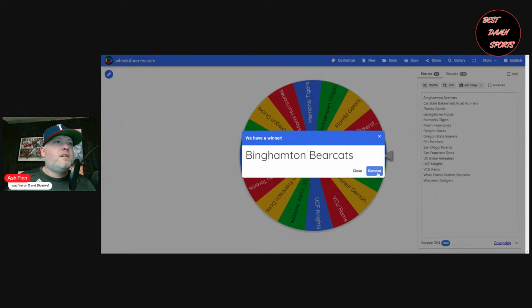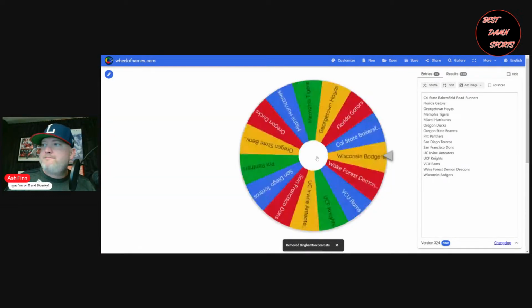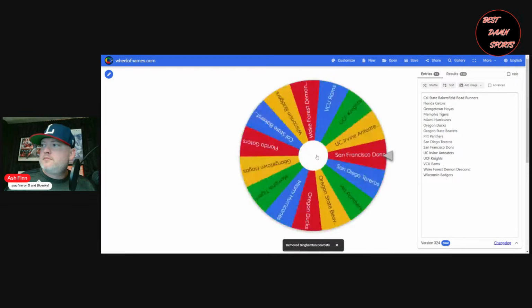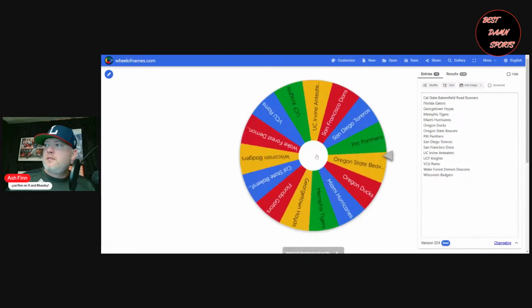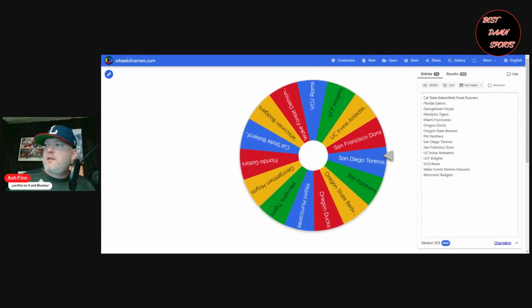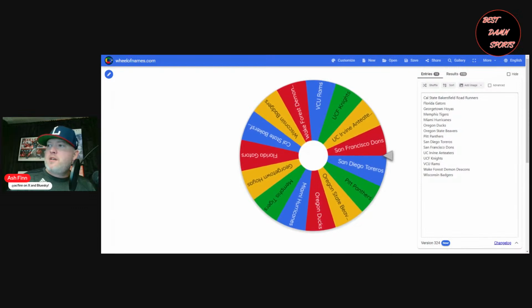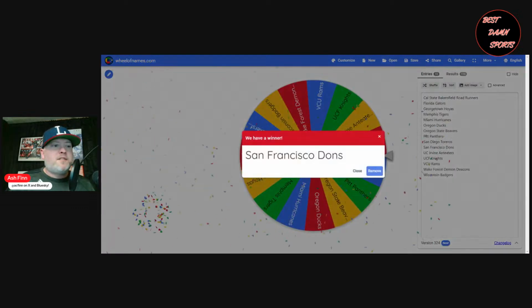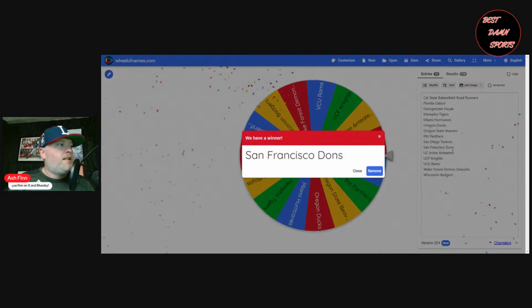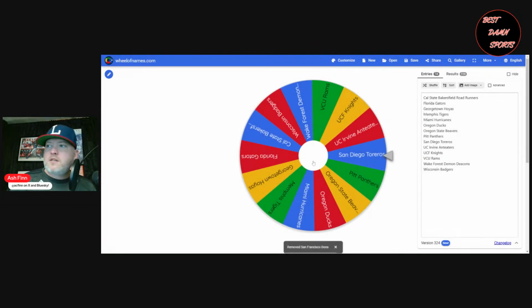So we're getting close to knowing where everybody's going here. And I believe we're getting ready to have another West Coast Conference team taken with the San Francisco Dons. Verify that they're in the West Coast Conference, and they are. San Francisco Dons picking number 4 in the West Coast Conference draft.